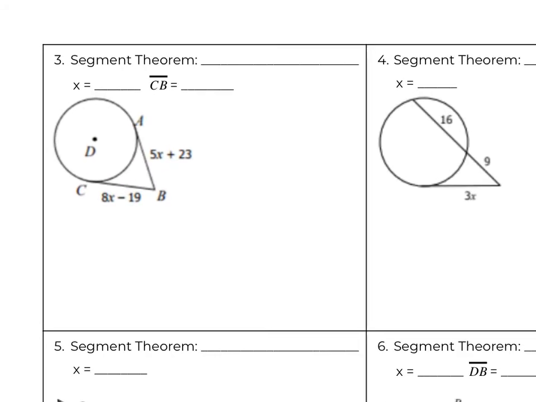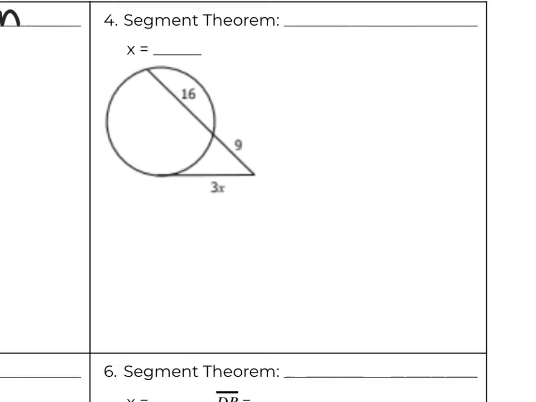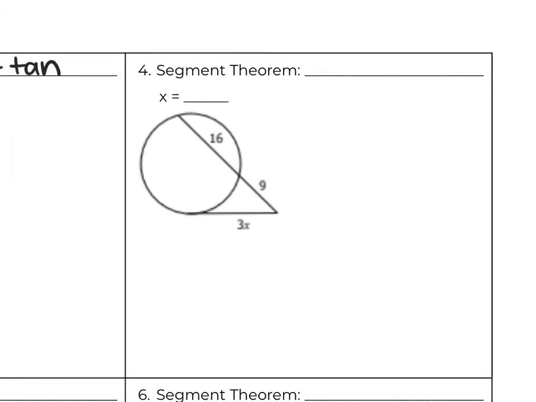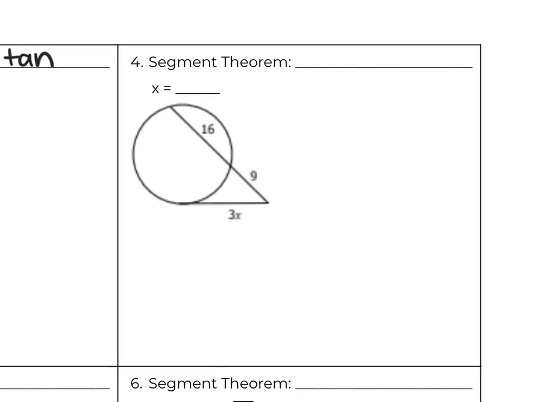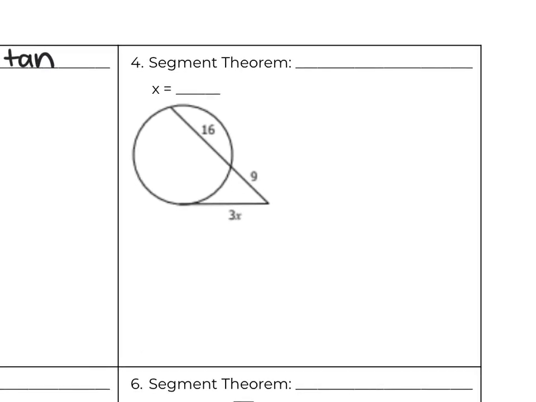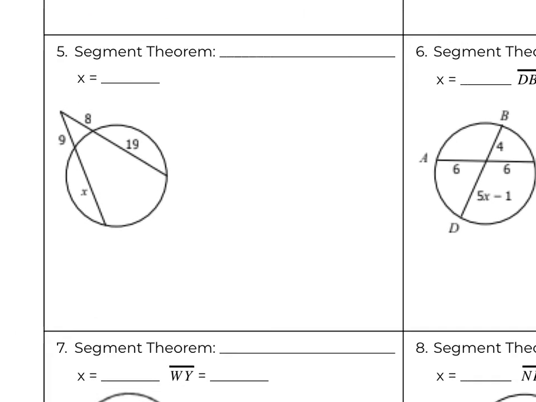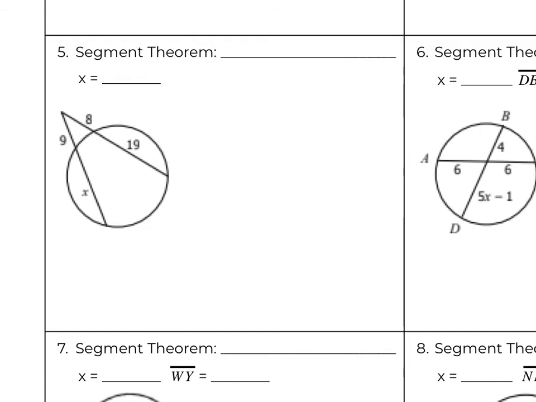So number 3. Lydia, what'd you get on 3? Tangent. Okay. David, what'd you get on 4? I thought we were supposed to do 3. Nope. Brendan, what'd you get? Okay. Secant tangent. Yes. Number 5, McKenna.